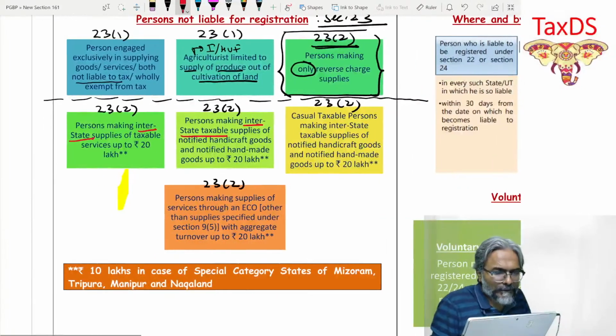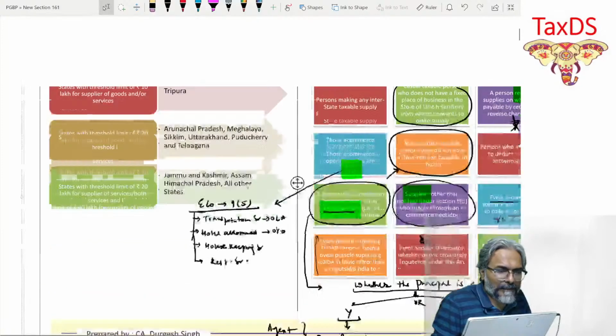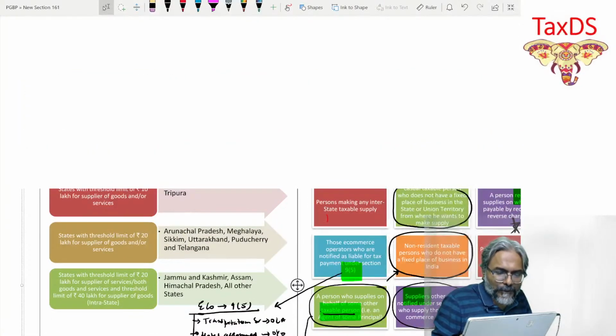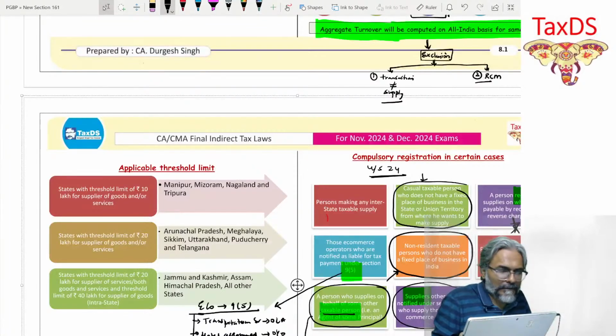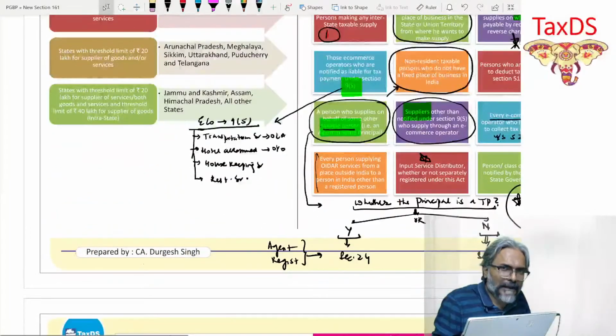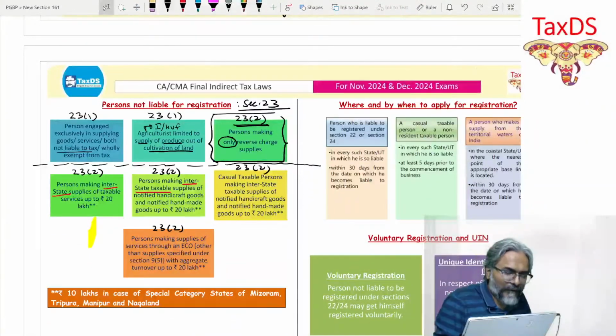So can you do one thing, students? In the previous slide that you have done, there was an interstate supply. So just put this as one, student. Interstate supply will make you liable for registration. That is point number one. But a few interstate supplies give you exemption from registration.